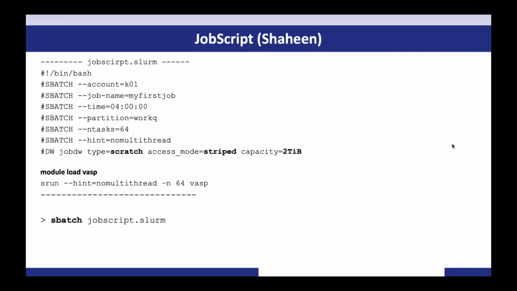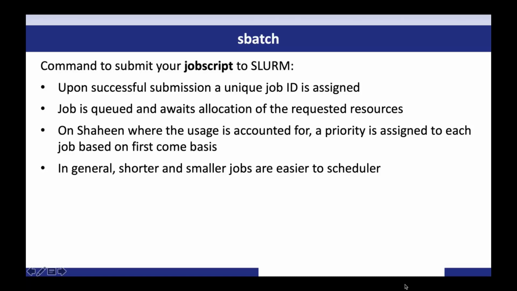The job can be submitted to Slurm by using the command sbatch. sbatch is a command to submit batch jobs to Slurm. Upon successful submission, it returns a job ID assigned to the job submitted.